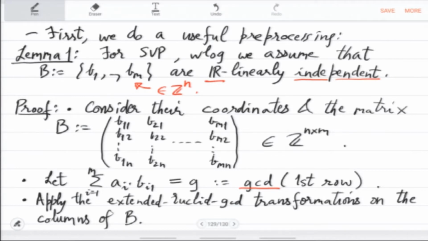Then you divide b11 by the remainder, multiply by the quotient, and take the difference. Keep on doing this. Ultimately what you will have is the GCD g in the top left corner.